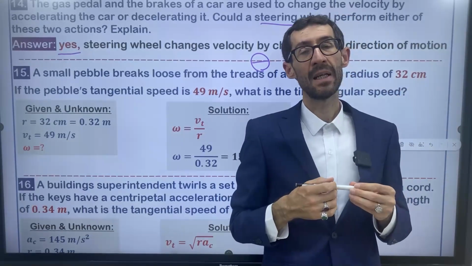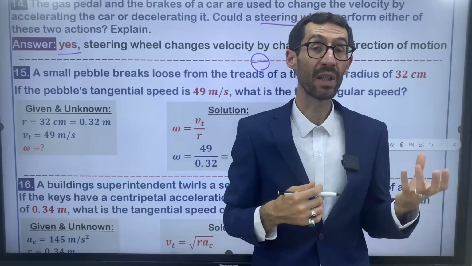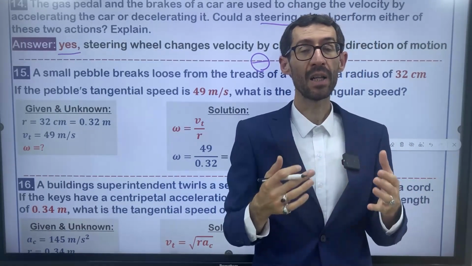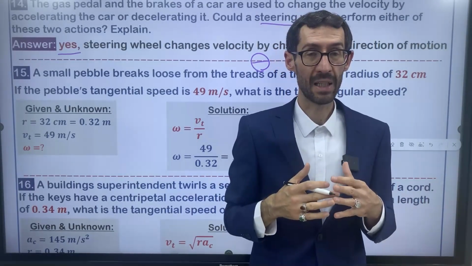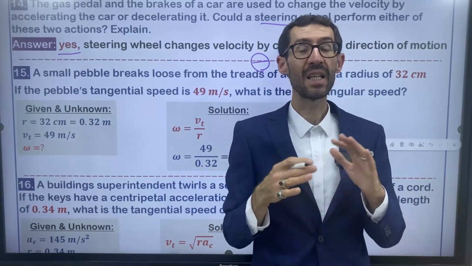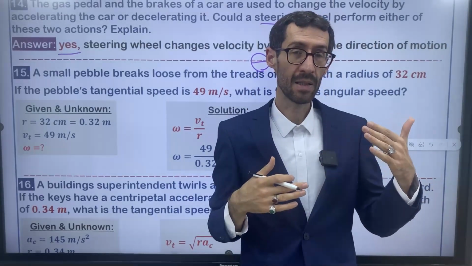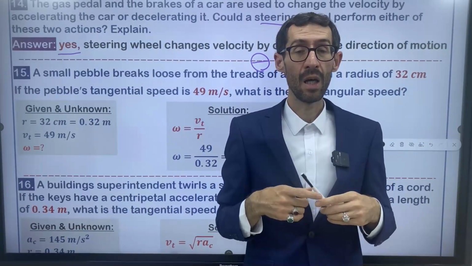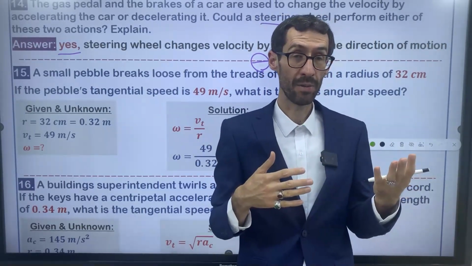Teacher, how can a steering wheel be an alternative for slowing down? How does a steering wheel slow down the car? Think about the situation. God forbid the car does not have brakes. The brakes stop working, and the car gradually speeds up. In this situation, what does the driver think about?